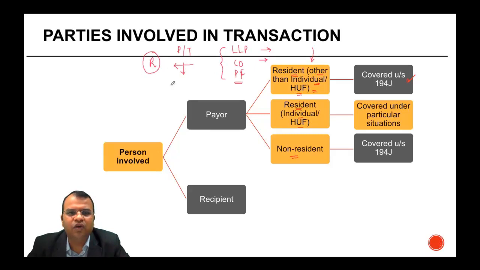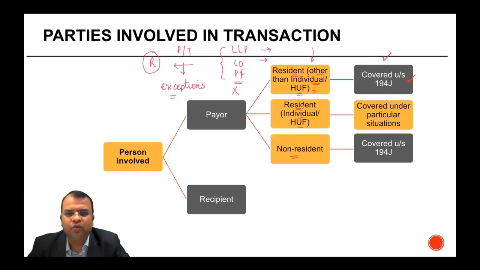but if they fall under any of the exceptions, so let's say if the payment made is below the threshold, then even these people are not required to deduct TDS. But yes, as an entity, if a resident other than an individual or HUF makes payment in respect of professional or technical services, they are covered under section 194J.